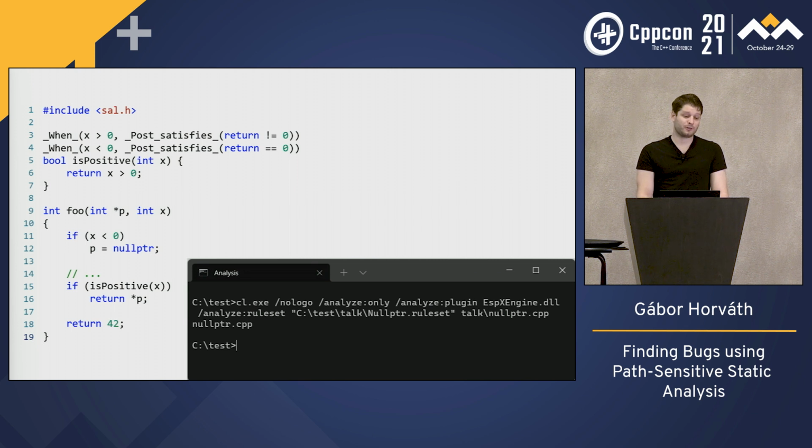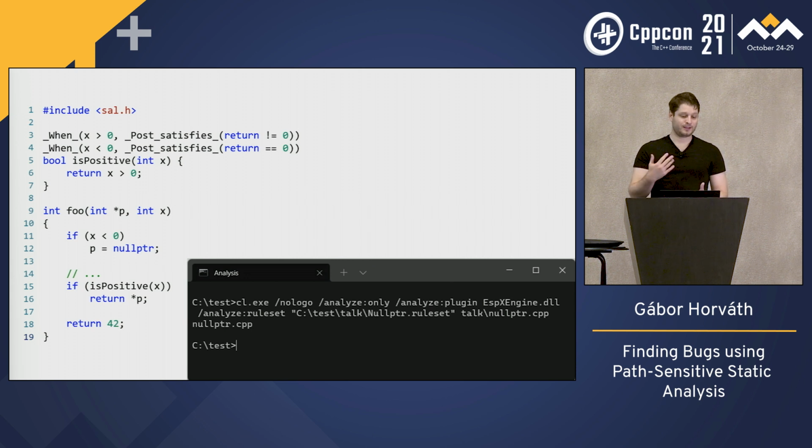So the user might not need to add all of the annotations, and the reason for that is that we want the users to be able to add annotations incrementally. We don't want to force them to add all of the annotations to the whole code base at the same run, because that would take a lot of time.